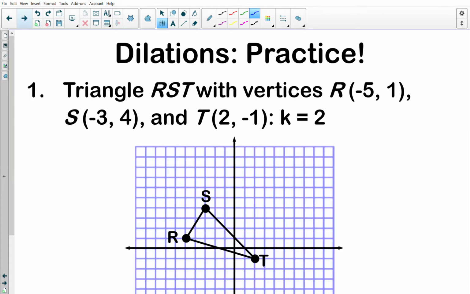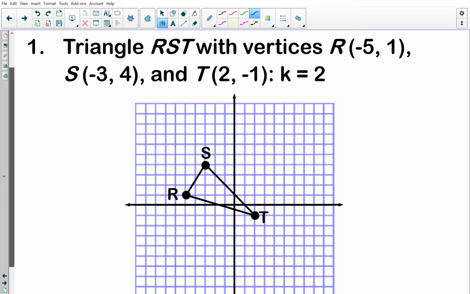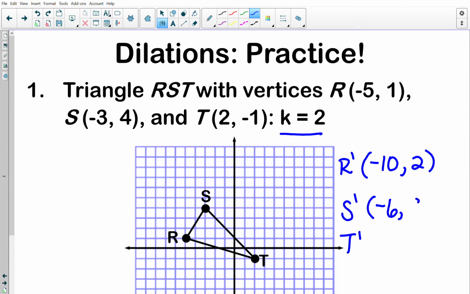So here is an example. If k is 2, I need to use that as a scale factor. So what I'm actually going to do is take each of these points and every single coordinate, and multiply them by 2. So I get (-10, 2), because -5 times 2 is -10, and 1 times 2 is 2. For S, I'm going to get (-6, 8), and for T, I'm going to get (4, -2).